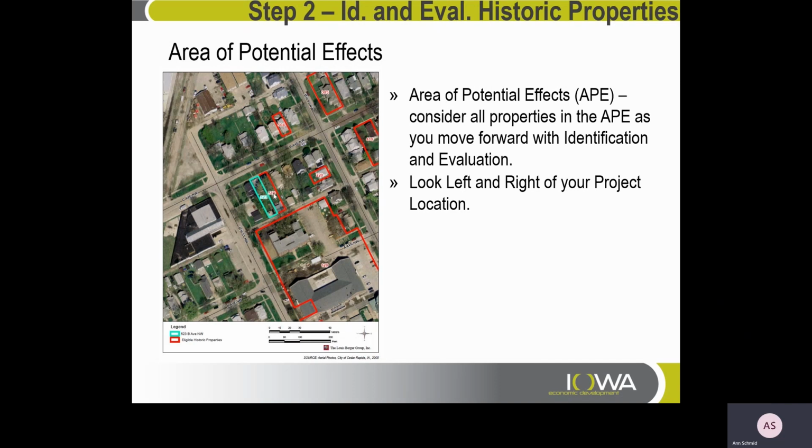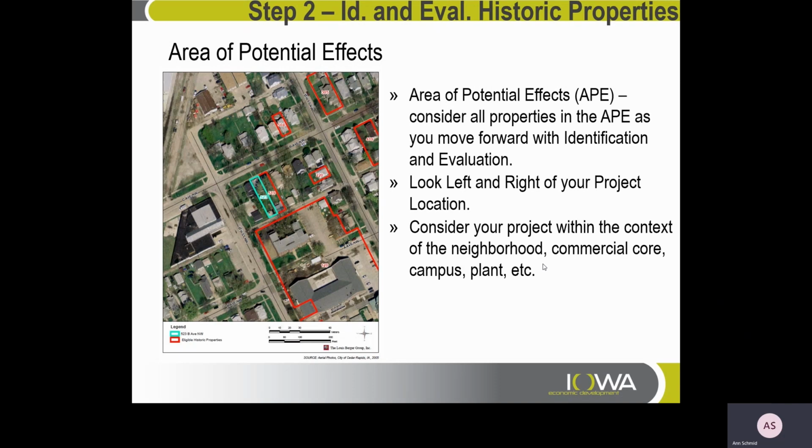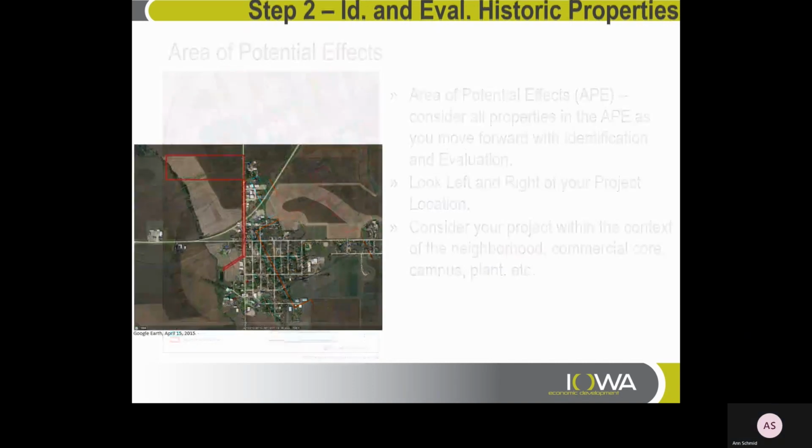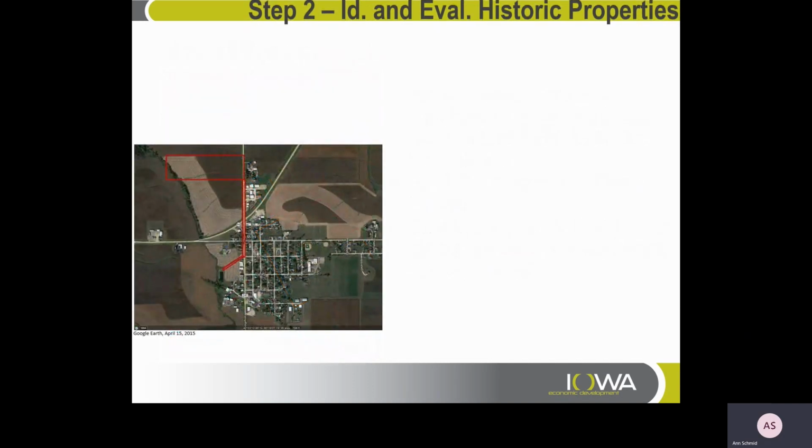Therefore, it's important for us to identify all of the red bounded properties, those that have been previously determined eligible, or maybe determined eligible through this Section 106 consultation process. Consider your project within the context of a neighborhood, commercial core, campus, plant, etc. Properties can be both individually eligible for the National Register or contributing within a historic district, which we will talk about in just a moment.